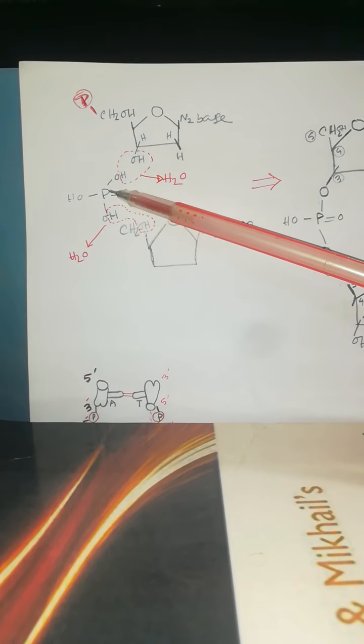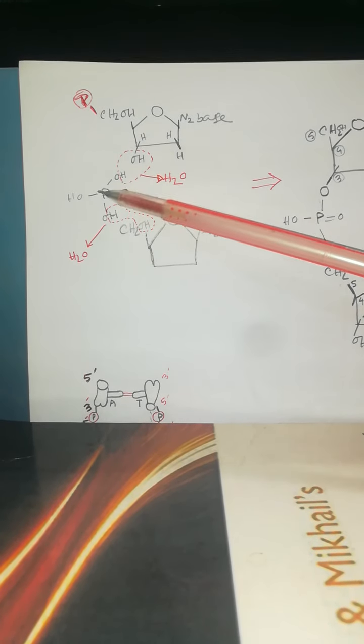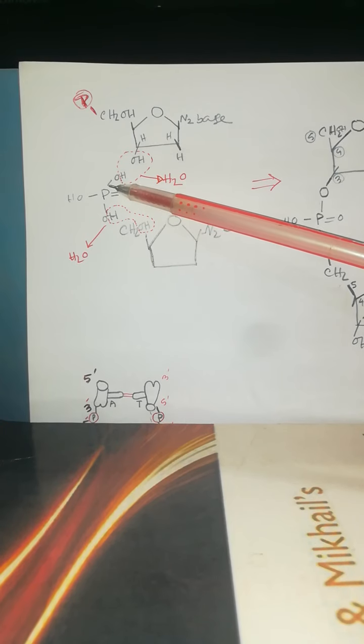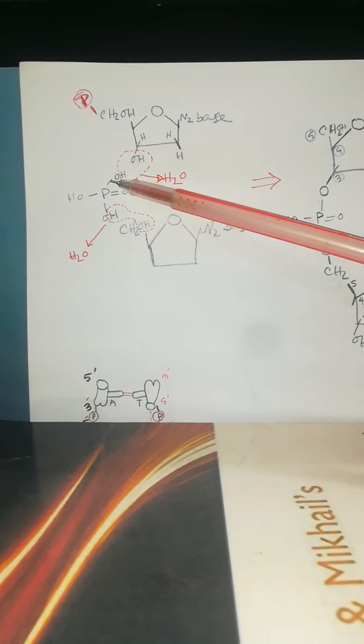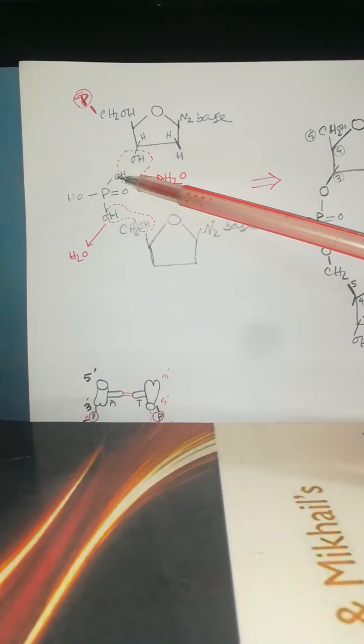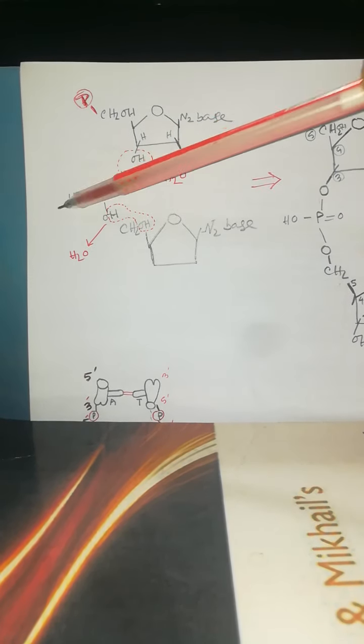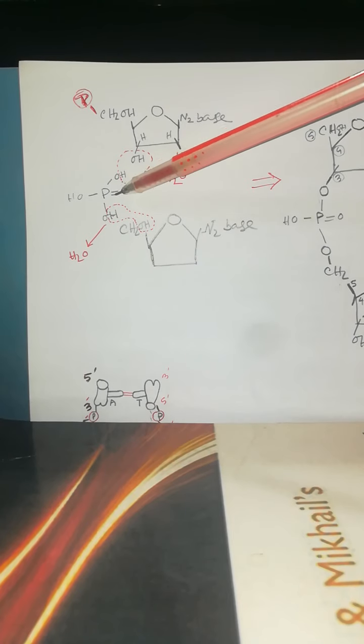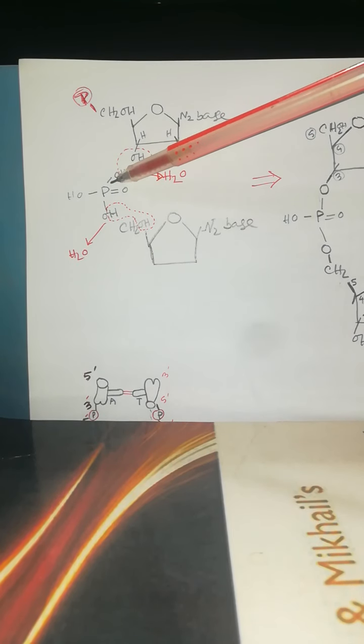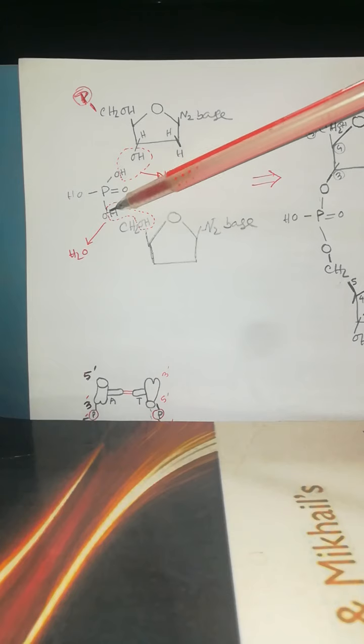As we know, phosphate is H3PO4. PO4 means four oxygen, and H3PO4 has 3 hydrogen. PO4 means 4 oxygen: 1, 2, 3, 4.